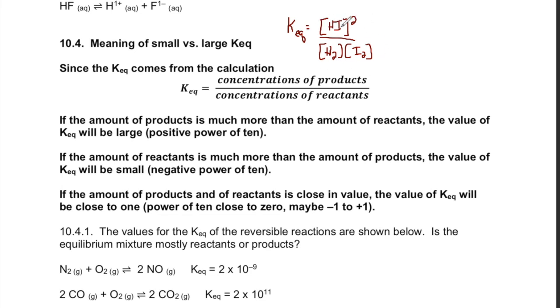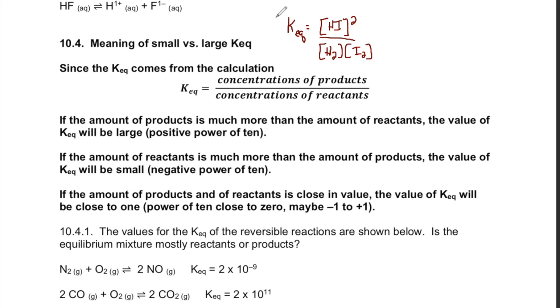Basically, you're writing an equation for how to solve for the equilibrium constant. And so if you knew all the values of these concentrations, you could solve for the equilibrium constant. If you knew the value of the equilibrium constant and 2 out of these 3, you could solve for the third. So you will see some textbooks and references that do a lot of those calculations.